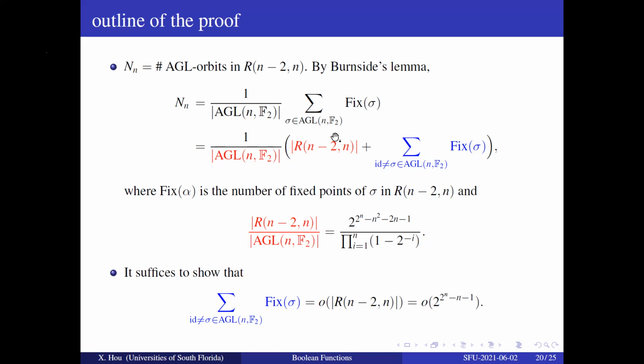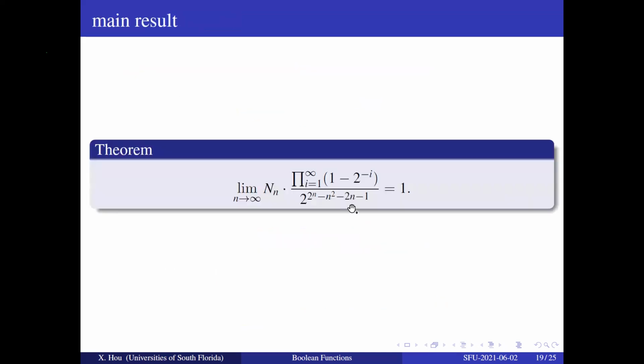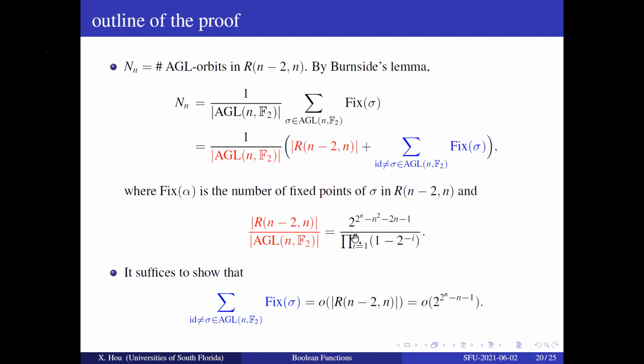Now, when you look at the quotient of the two red expressions, this is precisely the reciprocal of the thing that appears in the theorem. Let's see if we still have that. And whether this is a finite product or infinite product, it doesn't matter because it's a convergent infinite product. So it really doesn't matter.